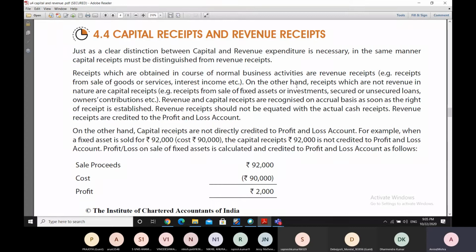On the other hand, receipts which are not revenue in nature will be called capital receipts. Like when we sell any fixed asset or we sell off any investment, then the receipt that we get is a capital receipt.